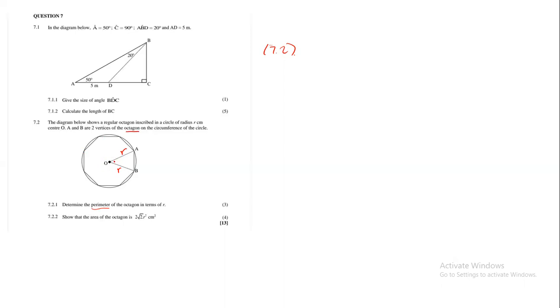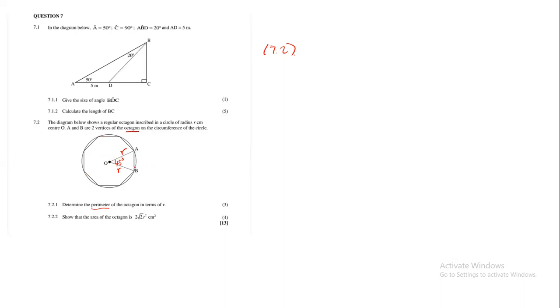In order to get the individual angle for each of the 8 triangles I can form, I say 360 degrees divided by 8. That is 45, so each angle here is 45 degrees. When we add all of those 45 degrees, it gives us 360 degrees. So this angle over here is 45 degrees.